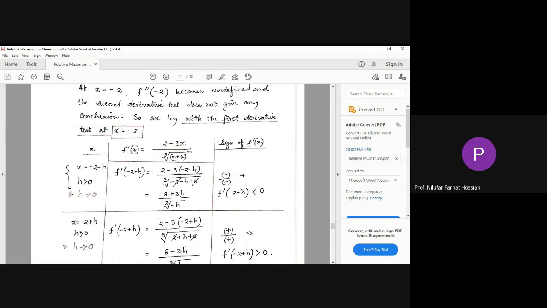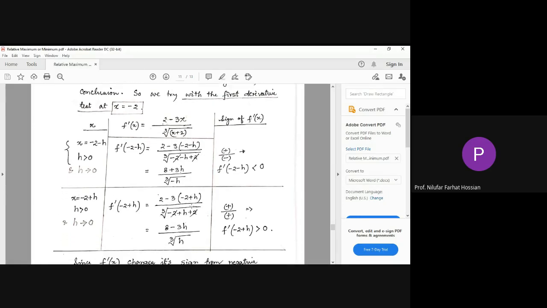Okay, so here I am taking x equal to minus 2 minus h. So here just put x equal to minus 2 minus h. In the lower side minus 2 minus h, you see minus 2 cancel out. In the upper part you have what? 2 plus 6, that means 8, and this minus h and this minus gives you plus sign. So in the upper part you have 8 plus 3h and in the lower part cube root of minus 8.